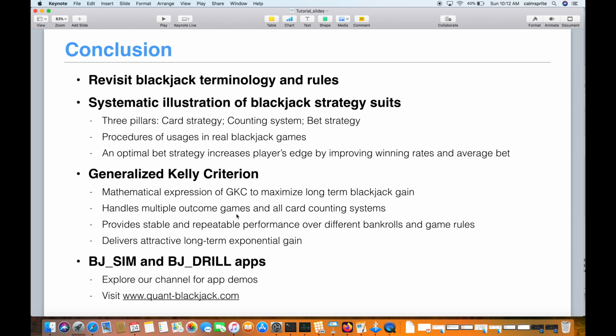Unlike the standard Kelly formula, GKC handles multi-outcome games, adapts to all card counting systems, and adjusts dynamically to different bankroll levels. Ultimately, what does this deliver? Stable and repeatable performance across varied game conditions, and most importantly, an attractive long-term exponential gain for the skilled player.